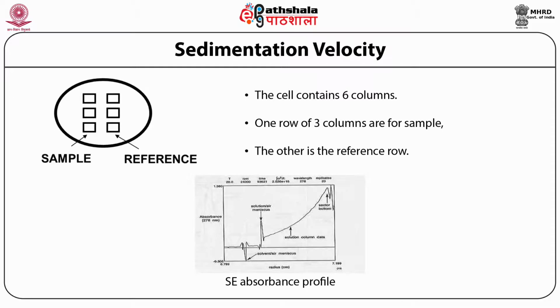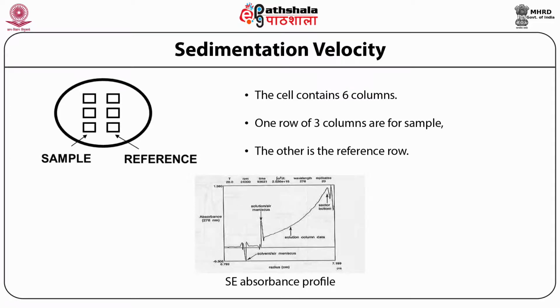Also, several scans are taken at a given rotor speed to ascertain whether equilibrium has been reached. If it has been reached in scan 1, you can take scan 2 an hour later and it should look the same.